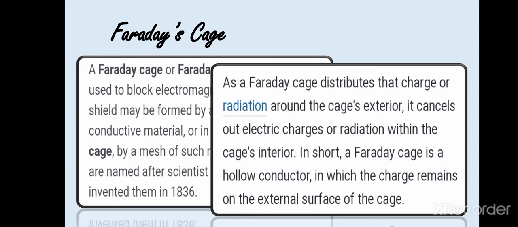These are the cages which are used for shielding out the external electric fields or electrical charges. The person or the instrument or anything present within the vicinity of that cage will be safe from the strong electric fields that exist outside the cages. How is that possible? Let's discuss.